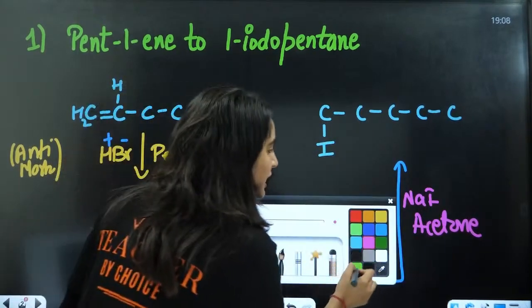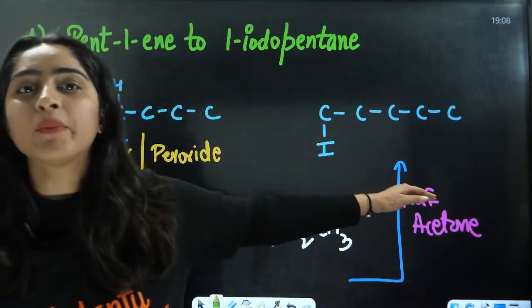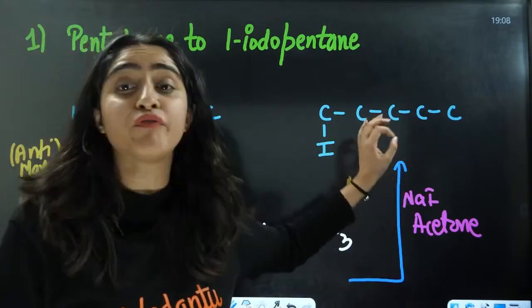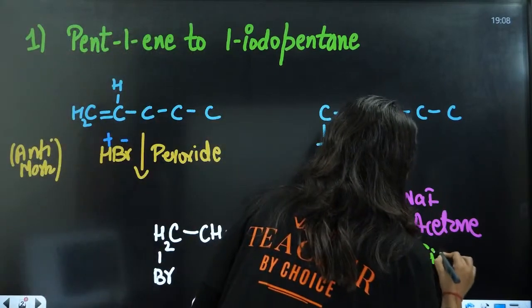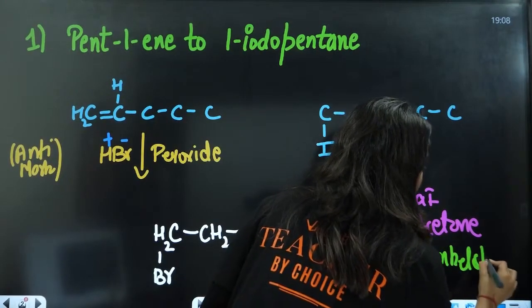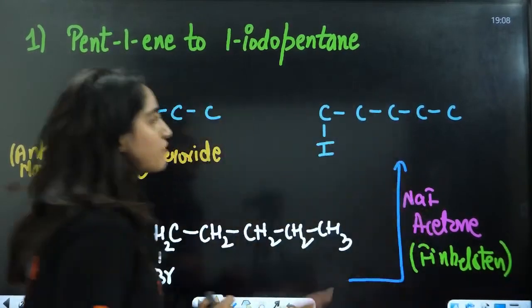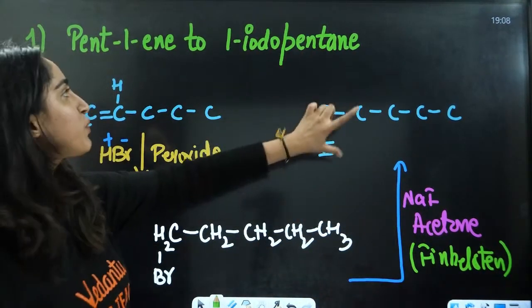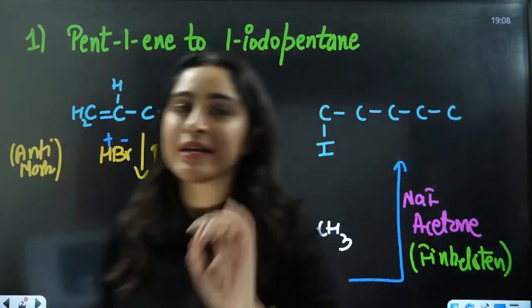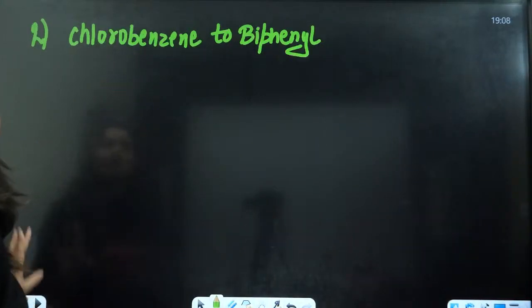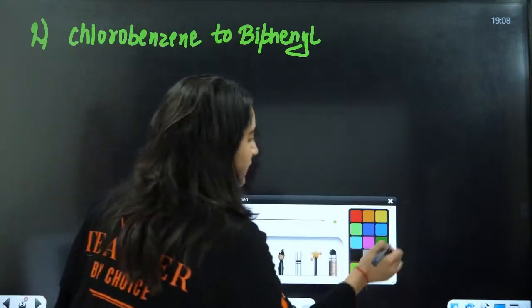We add NaI here. This is nothing but the Finkelstein reaction. Just write it down, Finkelstein reaction, and you will have your desired product, that is 1-iodopentane.